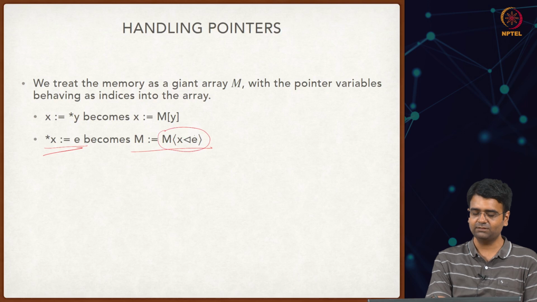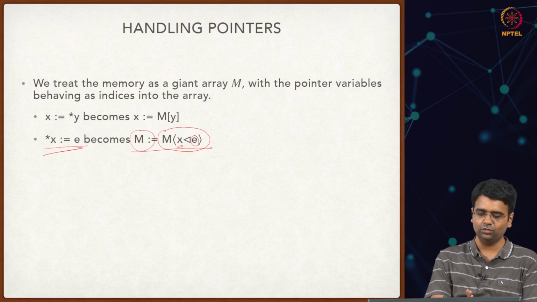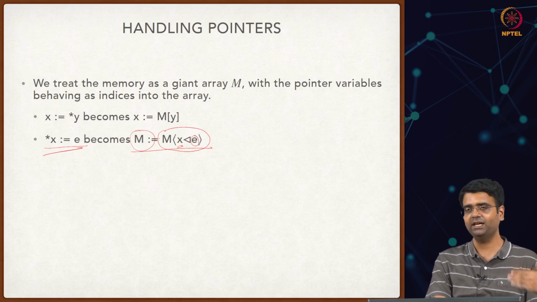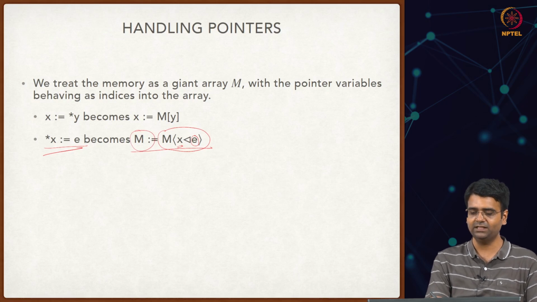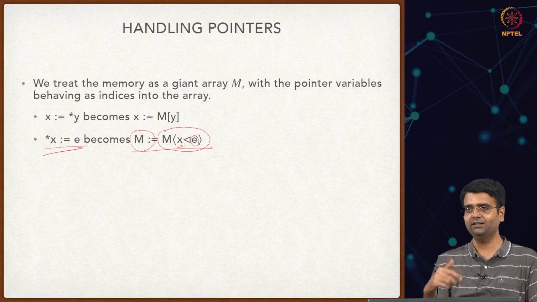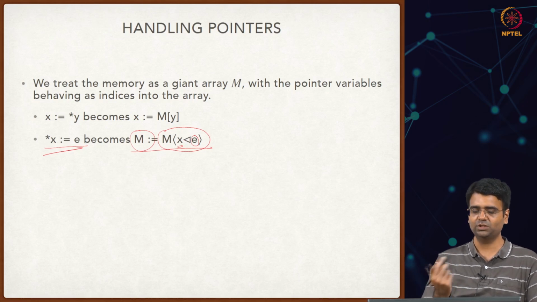So this particular notation, which we had used when we introduced the theory of arrays, means that in the memory array M, the value at the index x is given by this particular expression e, and this new memory array M, where only the value at the index x has been changed, is now assigned to M. So essentially this means that the memory array M itself has changed, and the change is only in the index x, where the value stored at that index x is equal to the expression e.